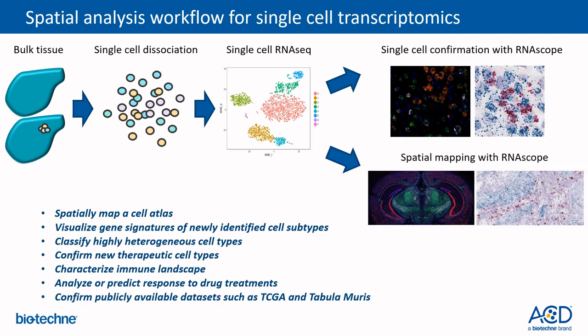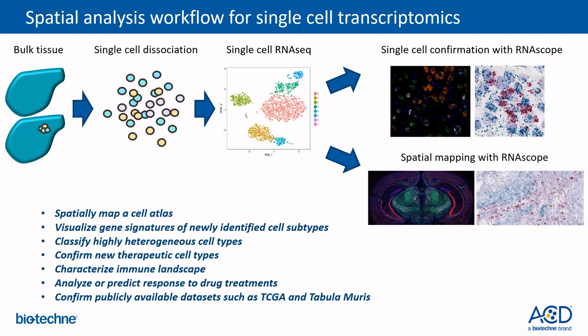However, the current single cell transcriptomic techniques utilize dissociated cells, and this results in the loss of spatial organization of the cell population in that tissue context. So validation and spatial mapping of single cell analysis can be obtained using assays that retain this spatial organization, such as the RNAscope in situ hybridization assay.